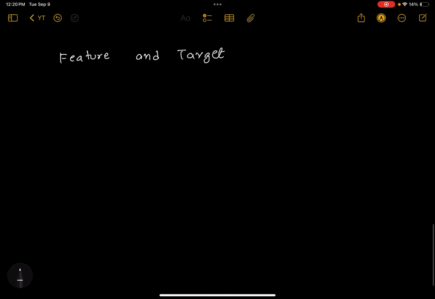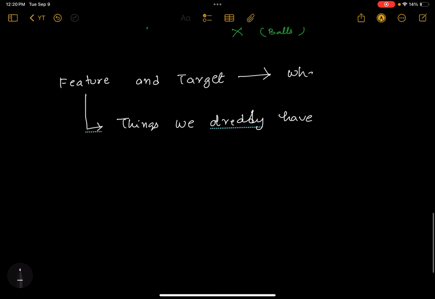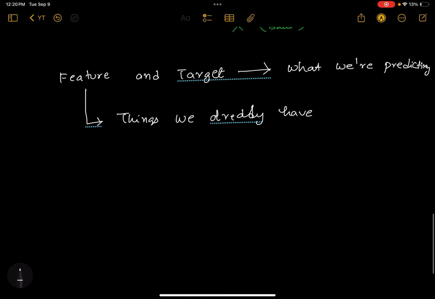Feature is nothing but things we already have. And the target is what we are predicting.